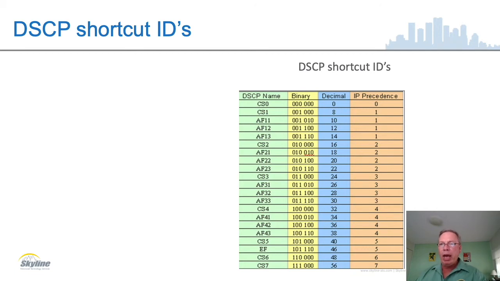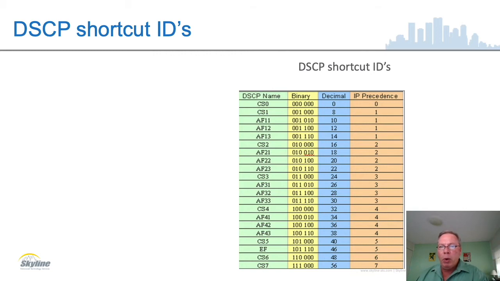So there's all these values. But the people who came up with the standard also came up with some shortcuts for how to recognize these values. And what they did was they came up with these things called class selectors and assured forwarding statements. So class selectors are right on the IP precedence boundary.